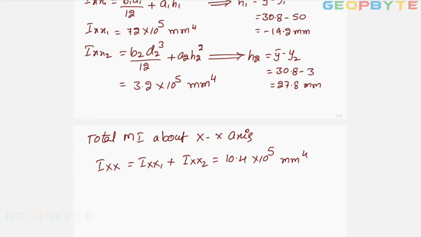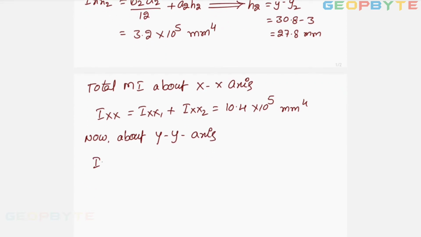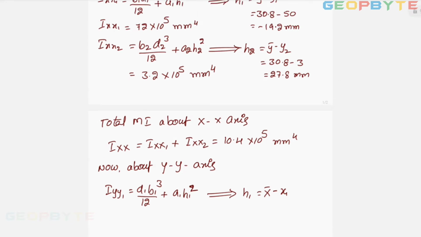Similarly, now about the y axis, Iy1 equal to d1 b1 cube by 12 plus a1 h1 square. For this case, h1 equal to x bar minus x1.